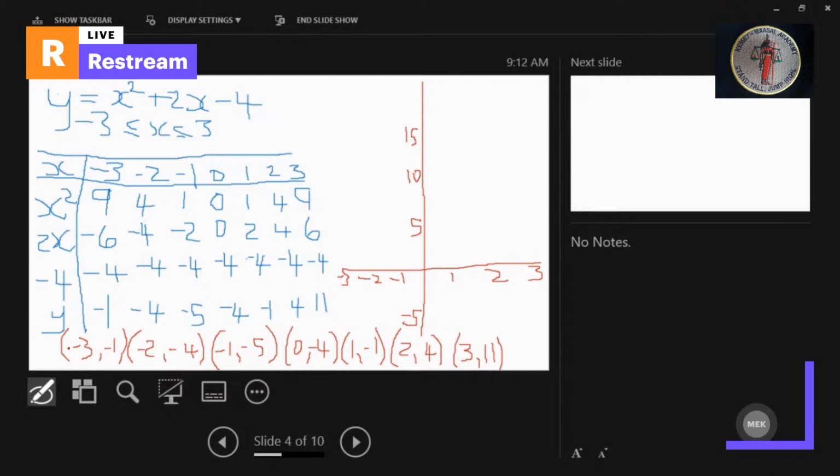So it's (-3, -1). Put in our origin, which is (0, 0). So -3 and -1 would be about there.